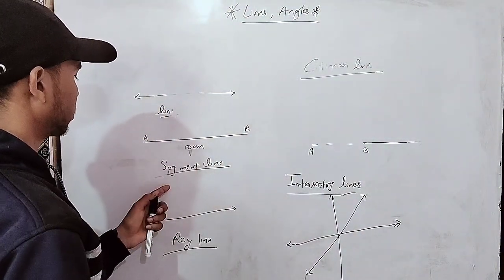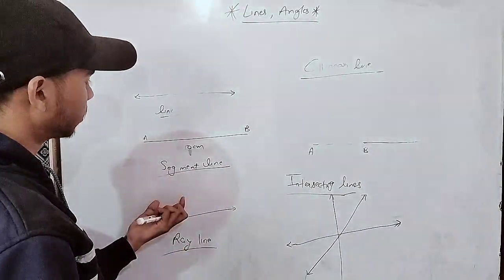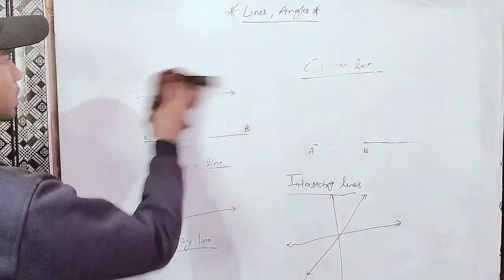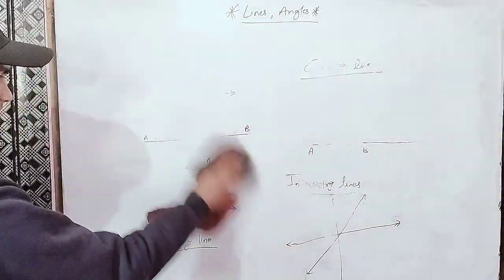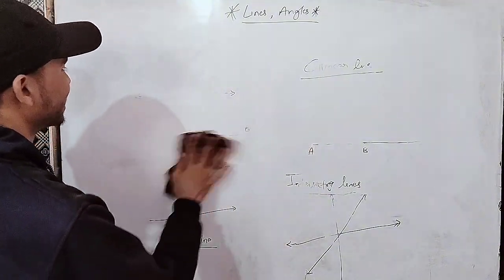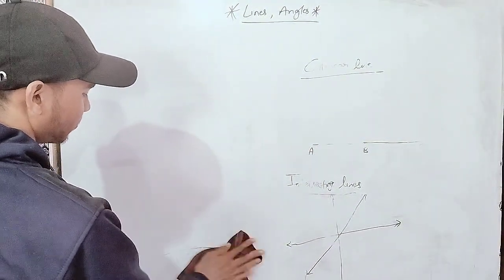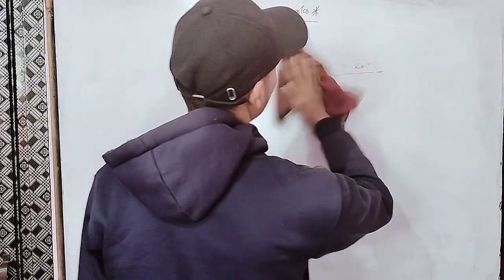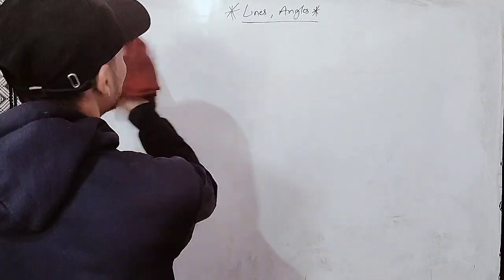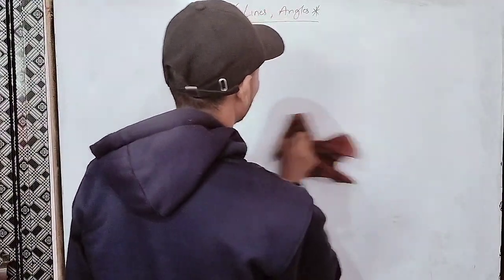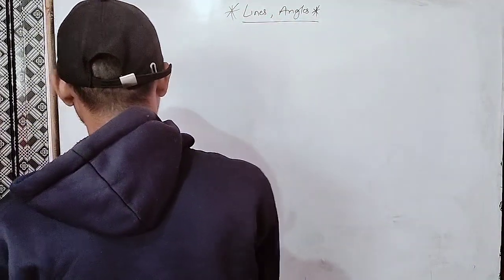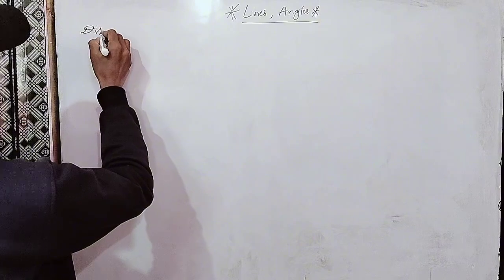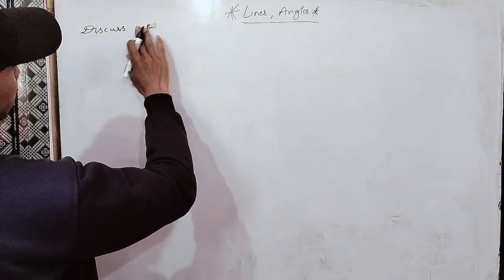Okay, we understood about line, segment line, ray line, collinear line, intersecting line. Let's move on. Discuss about angles.